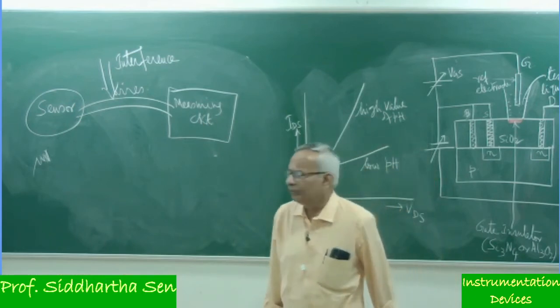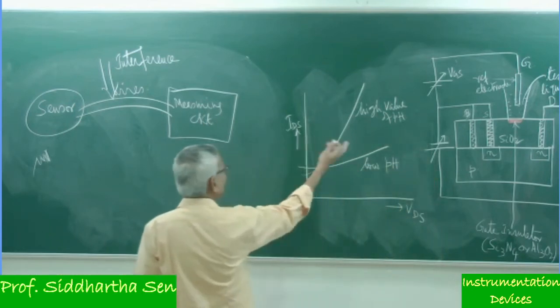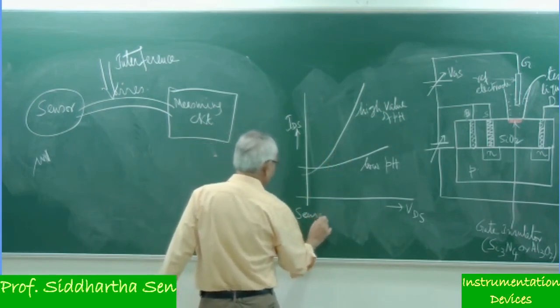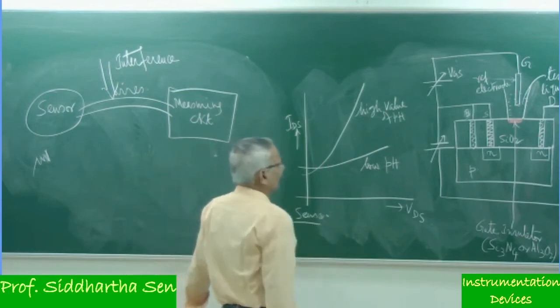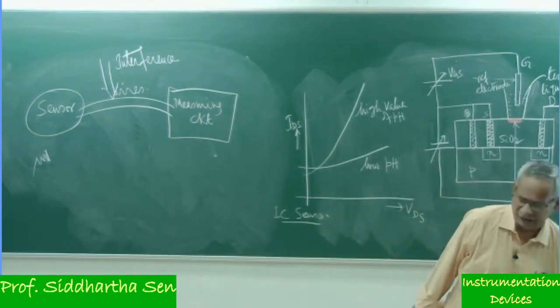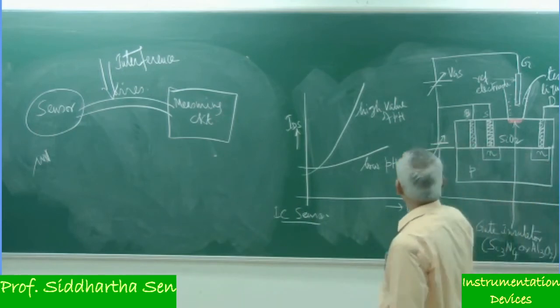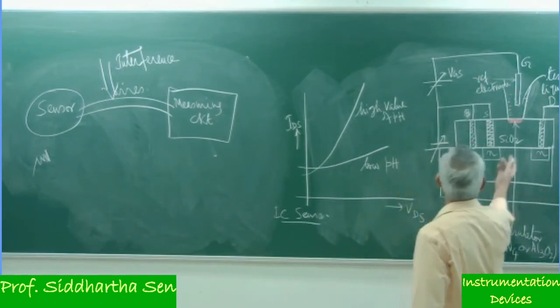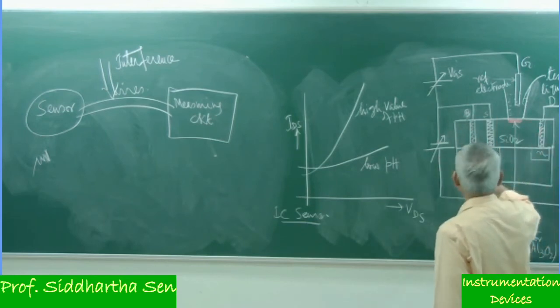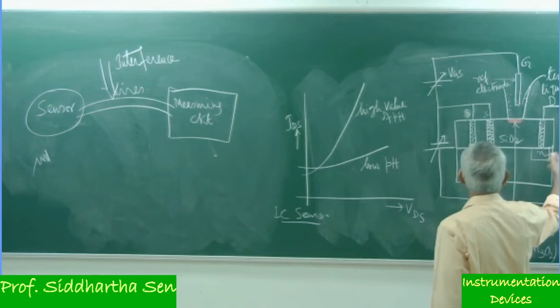One of the cases is what we call an IC sensor, where the sensor and the measuring circuit are integrated on the same structure, so that on the same base we can have the further signal conditioning and amplifiers.